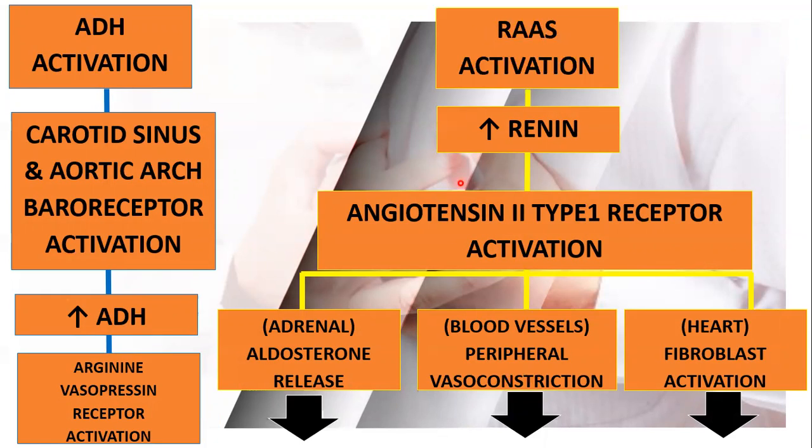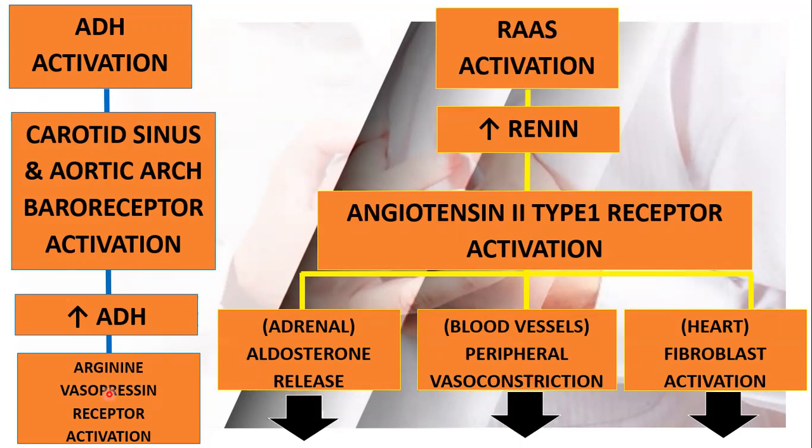This now would trigger the activation of angiotensin II type 1 receptor, and it would lead to three events. For the adrenal glands, it would cause the release of aldosterone. And as for the blood vessels, this would now trigger peripheral vasoconstriction. And as for the heart, there would be fibroblast activation. Thus, there would be collagen synthesis and hypertrophy.